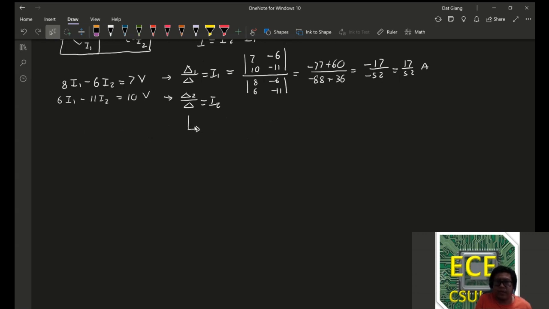Similar situation here. I2 is going to be defined as, so now because we are looking at the I2, we ignore everything on the left hand side pertaining to I2, replace it with the right hand side. So we have 8, 6, -6, -11. Oh, sorry. No, you need 7 and 10.